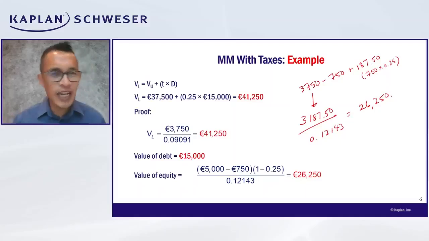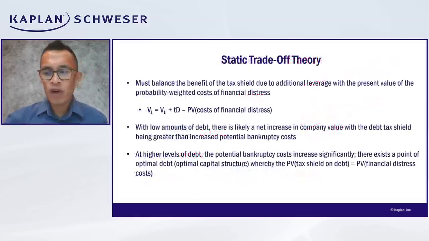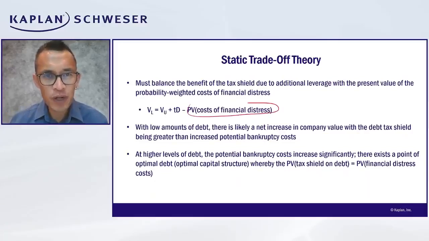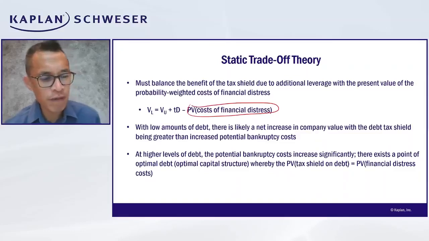So just to sort of give you all of this so you can see how we reconcile the numbers in the end. With static trade-off theory, the new element to include, as we had alluded to earlier, of course, is this last component here, the cost of financial distress, which essentially negates the potential for capital structure to be 100% debt.